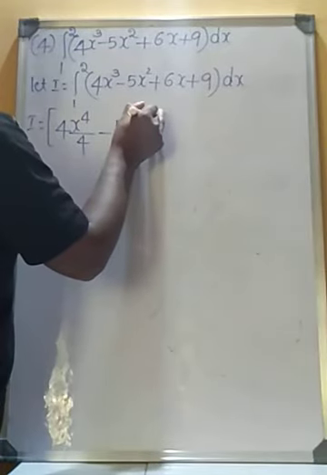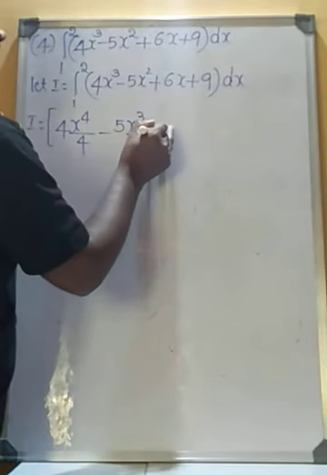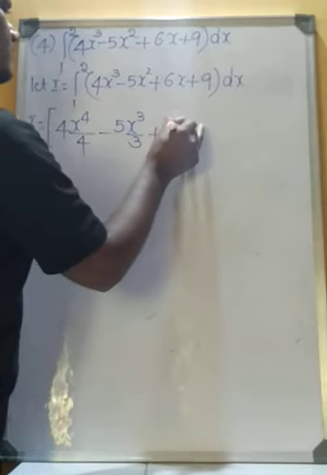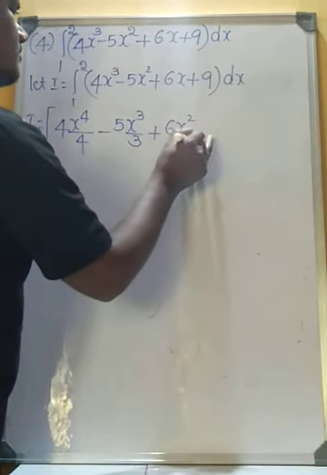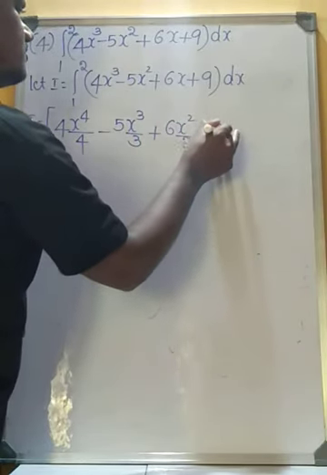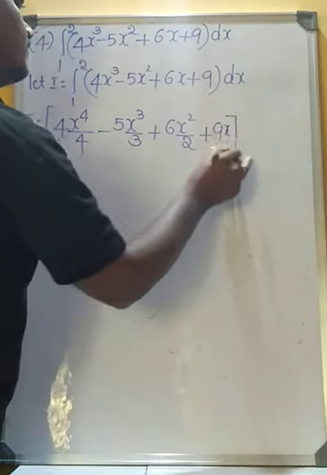the integral of 4x cube, where 4 is a constant. The integral of x cube is x to the power of 4 by 4, minus 5x cube by 3, plus 6x square by 2, plus 9x.